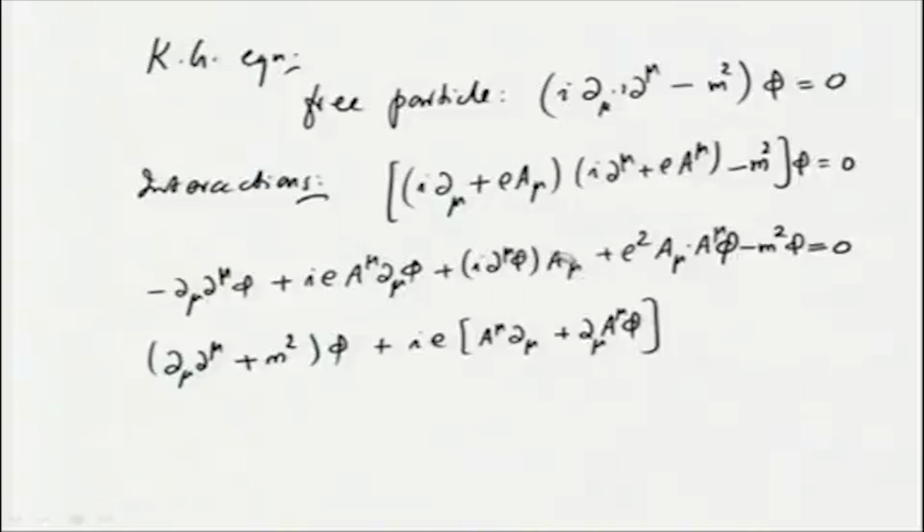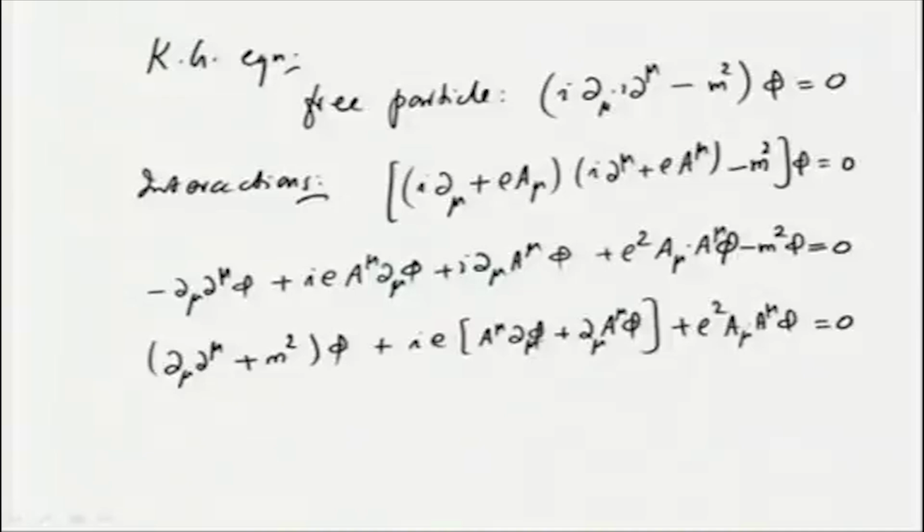Sorry, there is a mistake that we made in the earlier expression. It should have been del mu i del mu A mu phi. So, this plus e squared A mu A mu phi equal to 0. Now, this has two terms which should correspond to the interaction of the electromagnetic field with the charged particle phi.